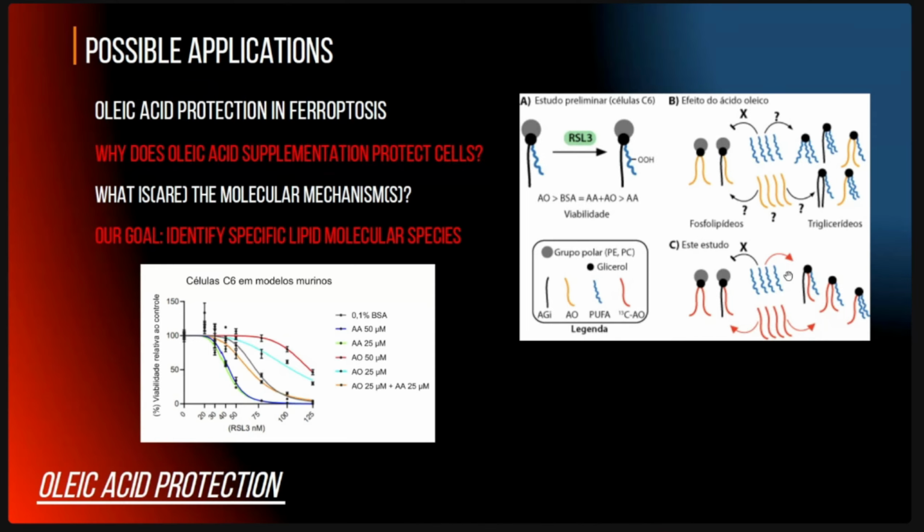But these are all very elusive, hypothetical explanations. And so by using maybe a 13C oleic acid, we could figure out where the PUFAs actually go, or whether the oleic acid is influencing the esterification of PUFAs and everything.